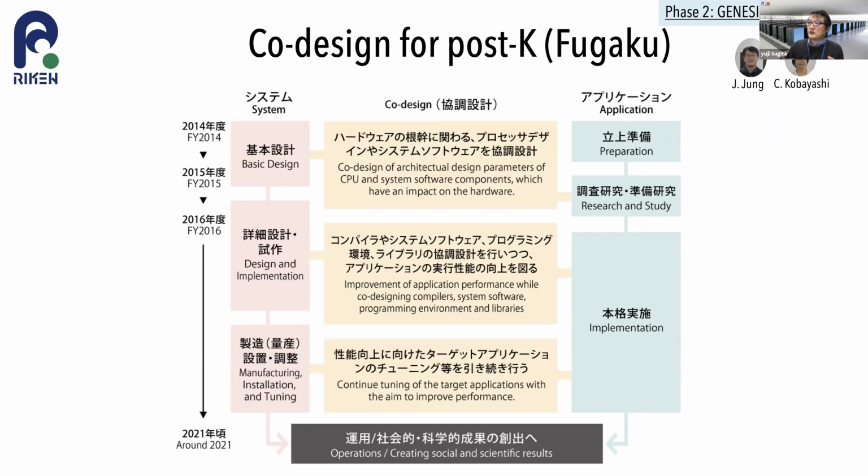That is the concept of co-design. We participated in this co-design project from the beginning, in fiscal year 2014, and we discussed and communicated with the designers of the computers and the developers.